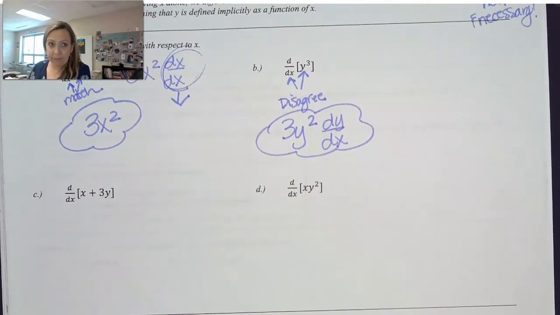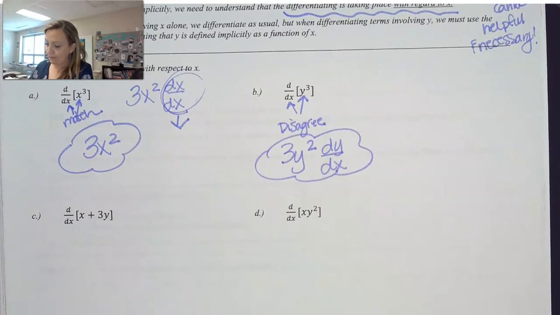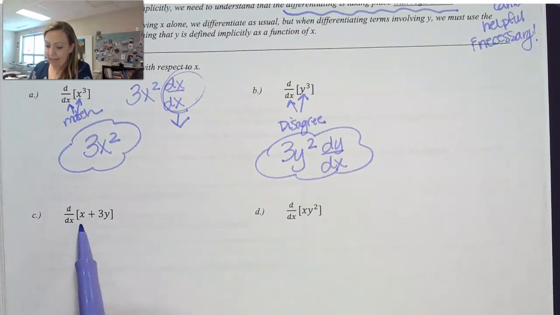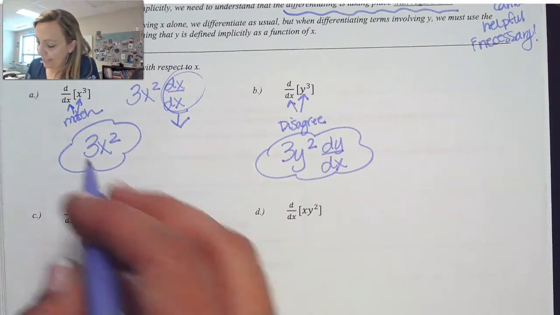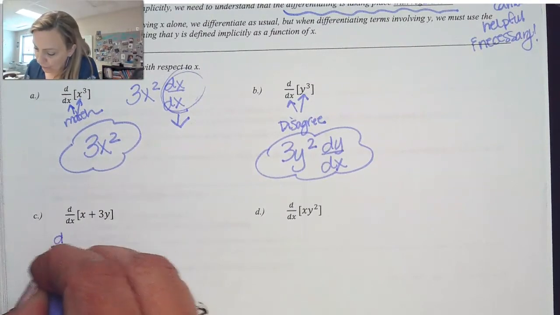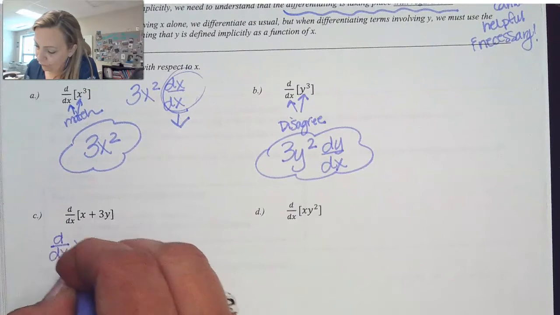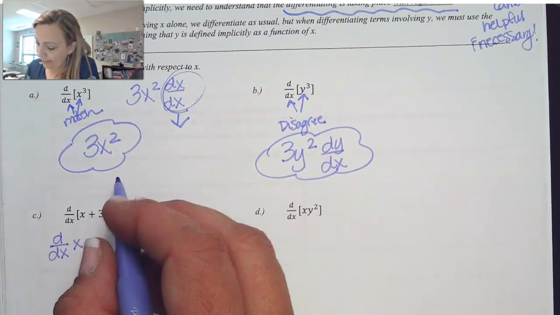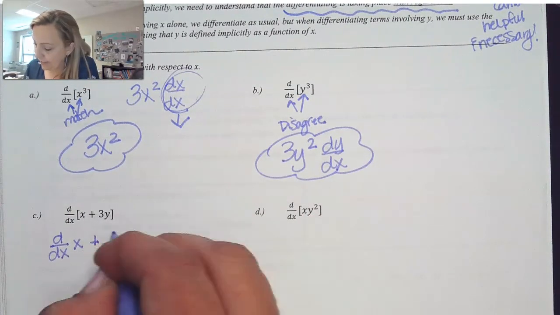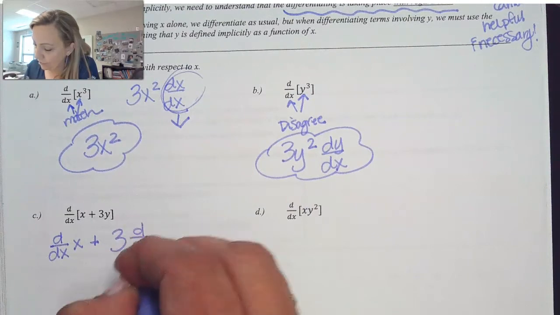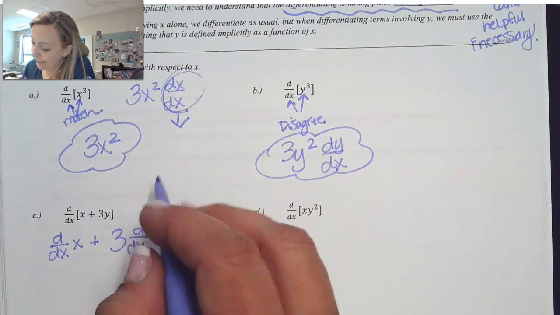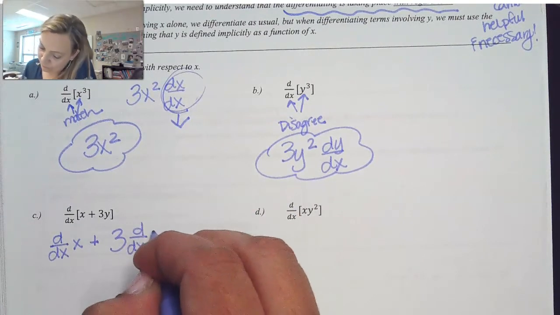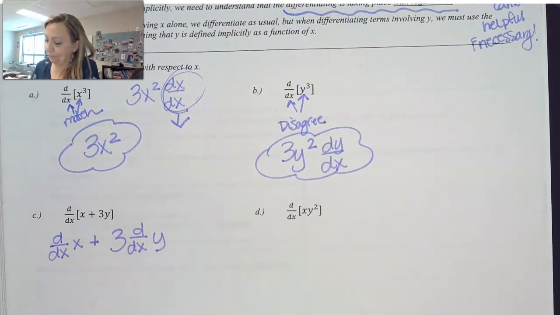In letter C, we have the derivative with respect to x of x plus 3y. So we can think about applying that to each term. We're going to have the derivative with respect to x of x, and then using our derivative rules, we can pull out that scalar multiplier of 3 times the derivative with respect to x of y.